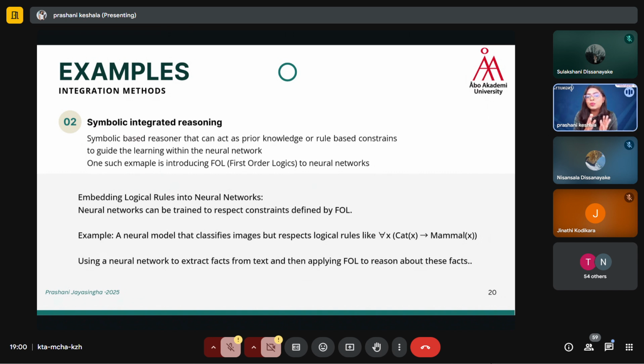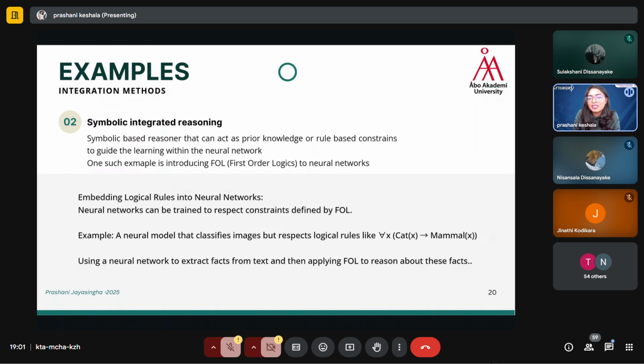So even if it comes with a certain outcome that is different from, let's say, what we have given as a rule, it still needs to follow that specific rule, because that's a factual rule that we have given to the neural network. For example, cat is a mammal.